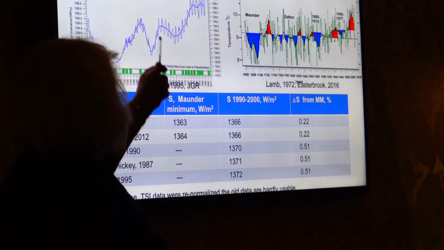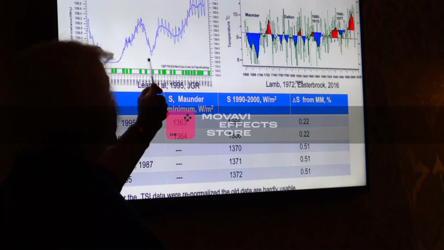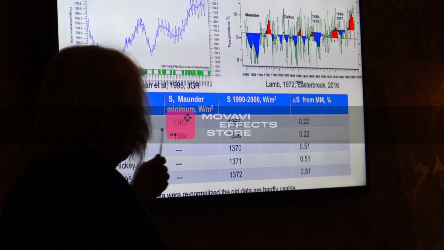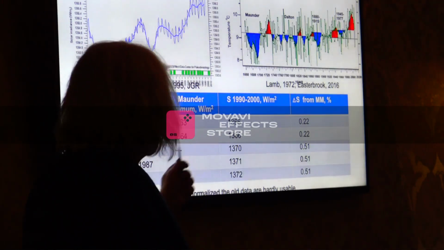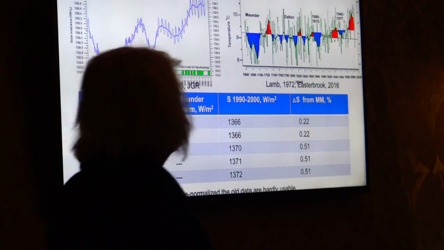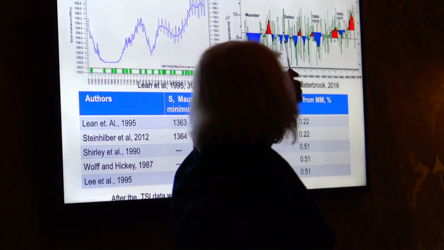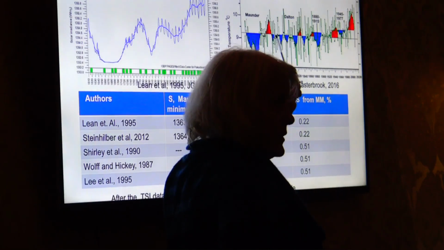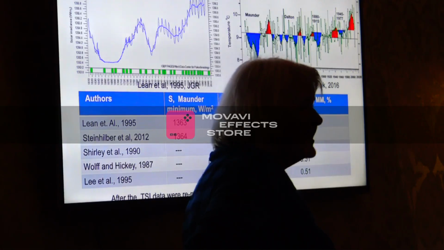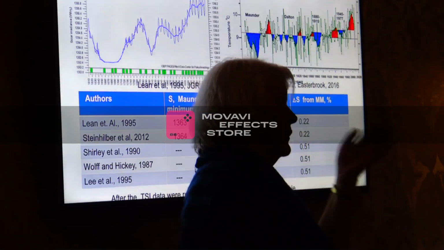The Dalton minimum was also reduced, slightly less, but reduced. Here are the measurements of reduction during the Maunder minimum by different authors, but they still give the same numbers. When you have a reduction of 3 watts per square meter, you have a reduction of temperature during the Maunder minimum by 1 degree.